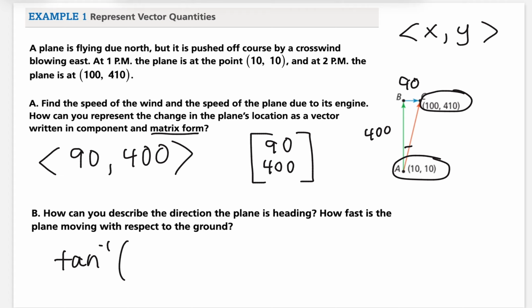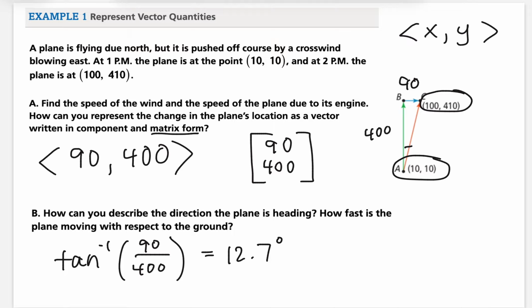So we can set up our equation. We can say inverse tangent of 90, opposite, over adjacent, 400. And if we type that into our calculator, we get 12.7 degrees. So that tells us that the direction of the vector would be 12.7 degrees.